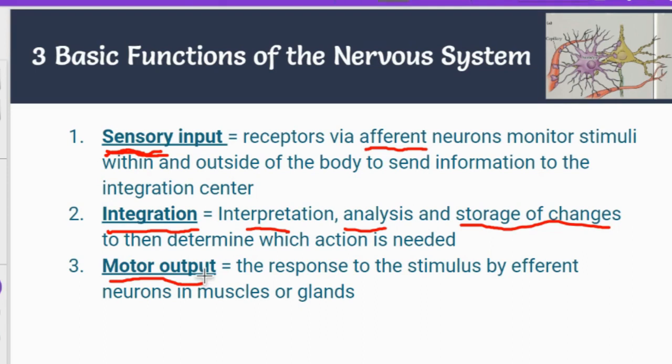So from the brain, it's going to send output, and these are going to be through efferent neurons, which carry messages from the brain and spinal cord to your body, to the peripheral nervous system. That's efferent. So basically, if it's exiting the central nervous system, it's efferent. If it's going into the central nervous system, it's afferent.